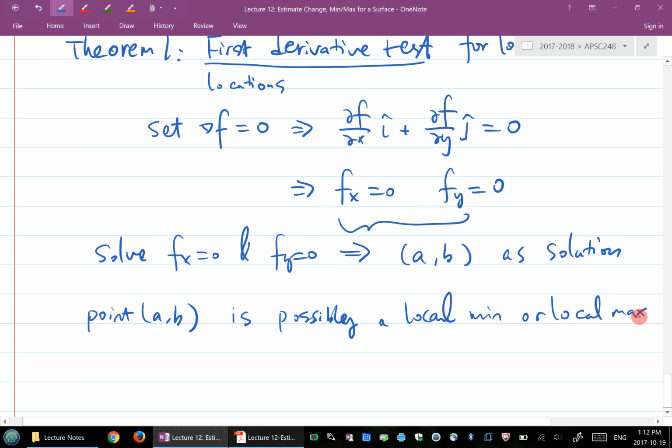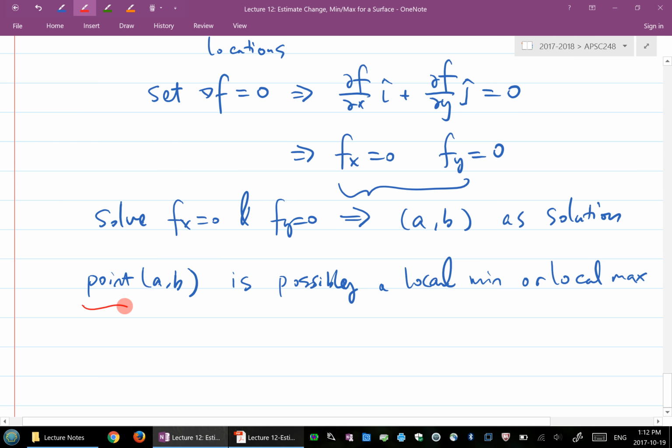Now sometimes we call this solution, this location, a so-called critical point.